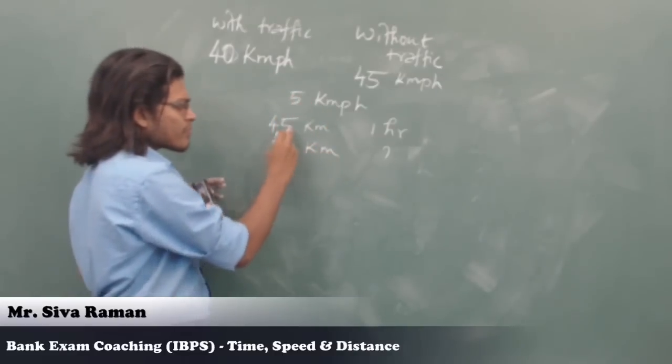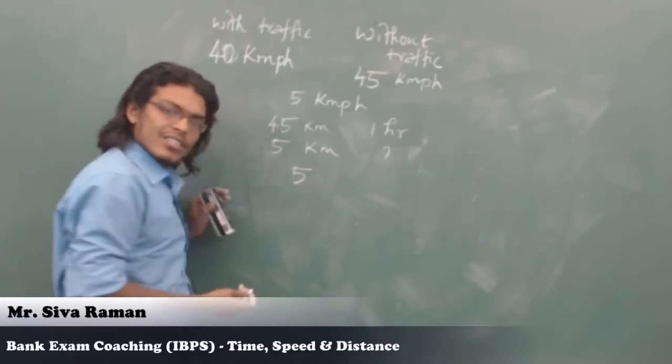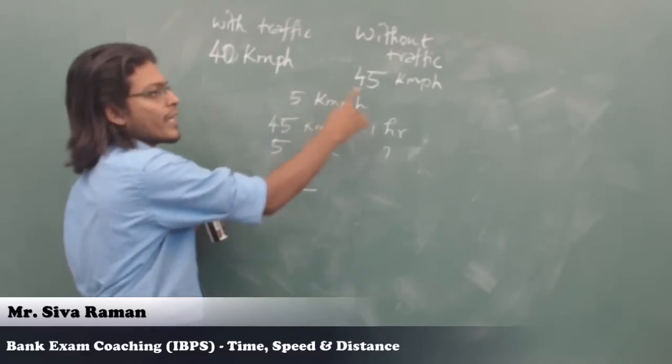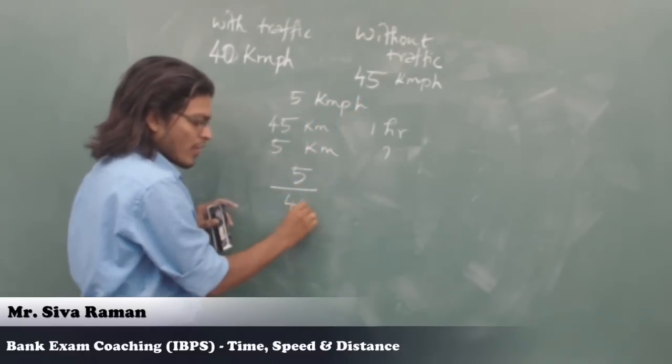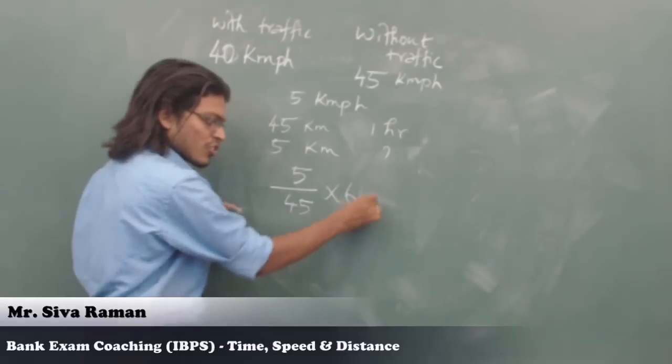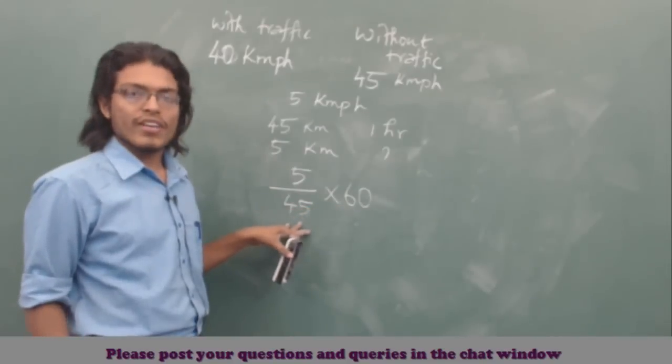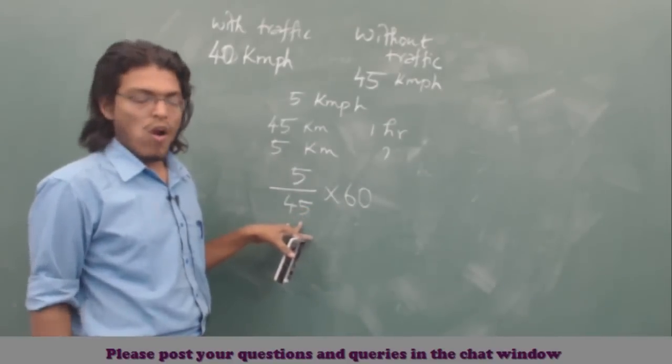Or, 5 is the speed difference divided by the speed without traffic, 45, into 60. That is it, right? 5 into 60 divided by 45. Right.